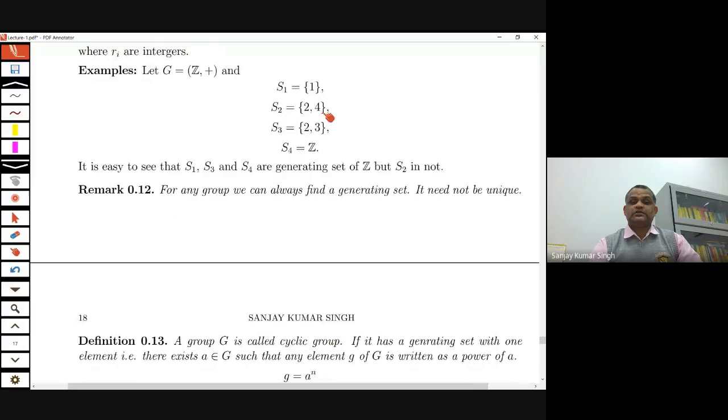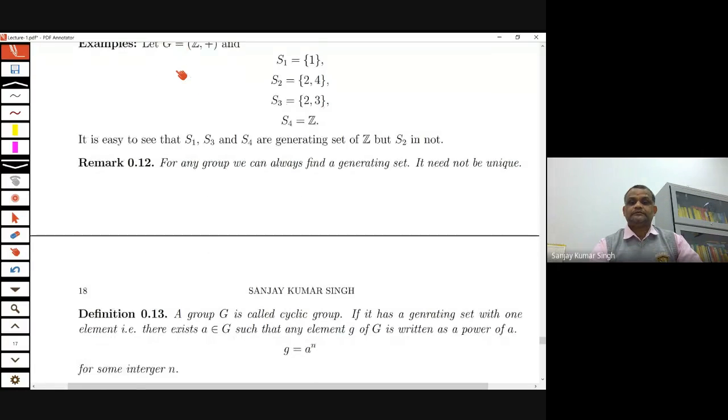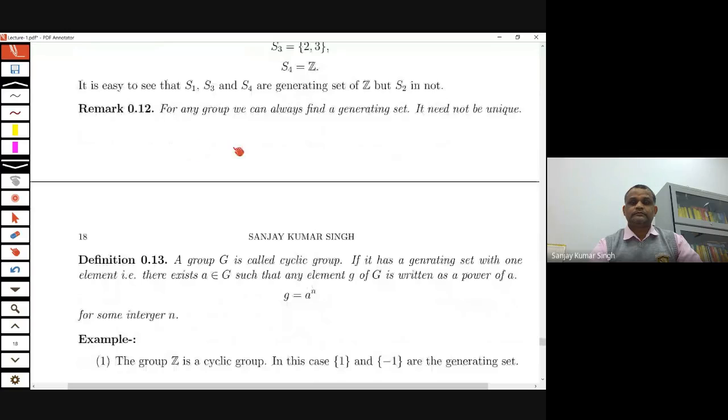So what about S2? Can I write 1 in terms of powers of these two elements? No. Because if I take any power of these two elements, 2 will be a common factor and that number will be divisible by 2, but 1 is not divisible by 2. So this set S2 is not a generating set of the group G.